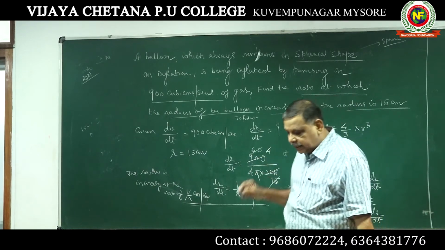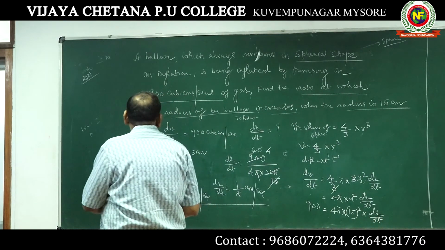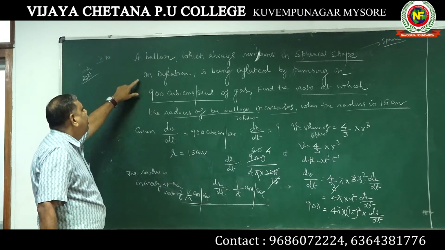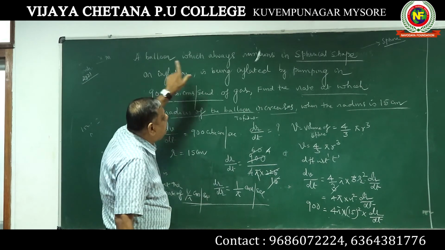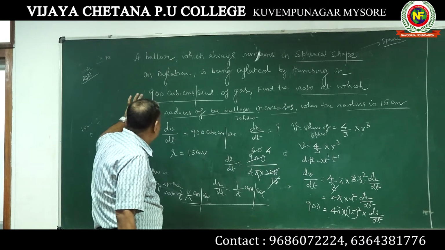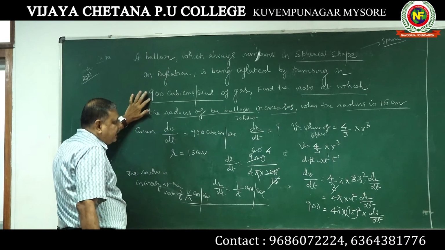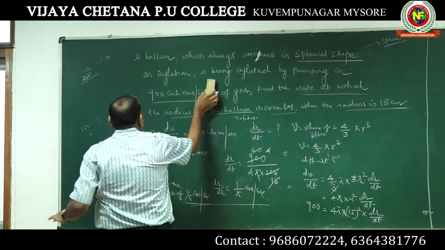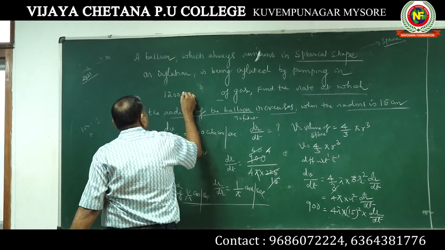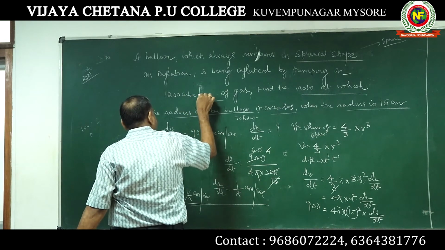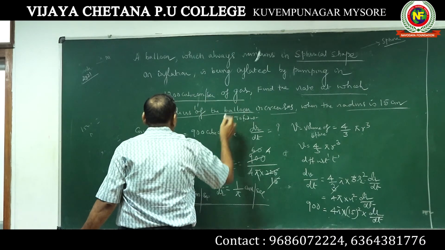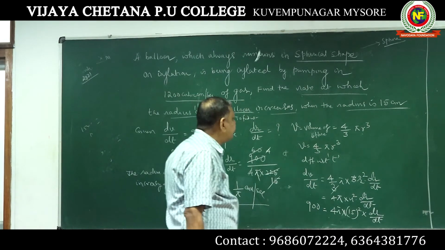Same problem, one more you can take. A balloon which always remains spherical in shape is being inflated by pumping in, instead of 900, you can take 1200 cubic centimeters per second of gas.